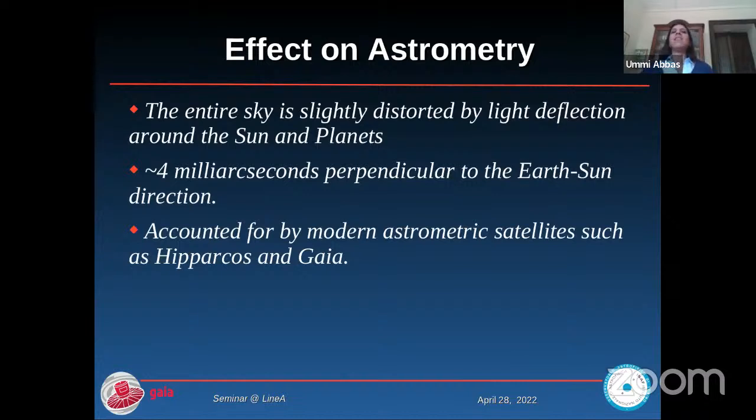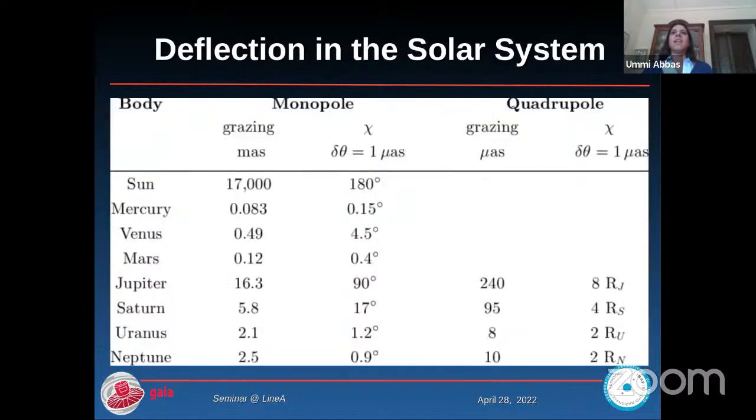This is generally accounted for in modern astrometric space missions, even at the milliarcsecond precision carried out by Hipparcos, and now at the microarcsecond precision being carried out by Gaia. So we always have to take into account these precise deflection effects. For example, in the solar system, this table shows the different deflection effects due to different solar system bodies, that due to the monopole and that due to the quadrupole.